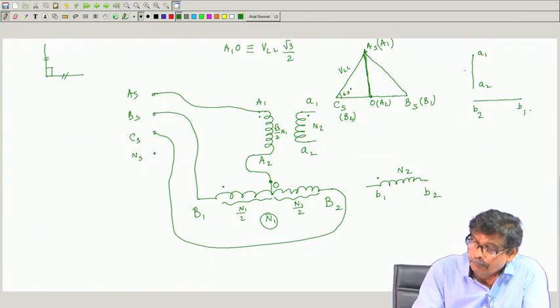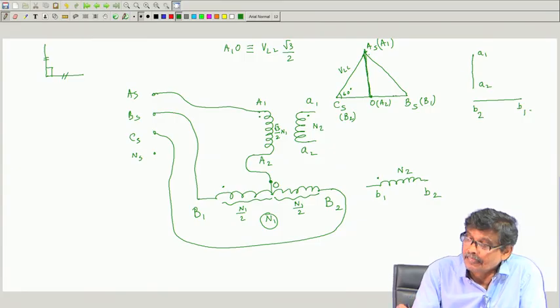What is the voltage per turn? It is this voltage divided by the number of turns of the primary.